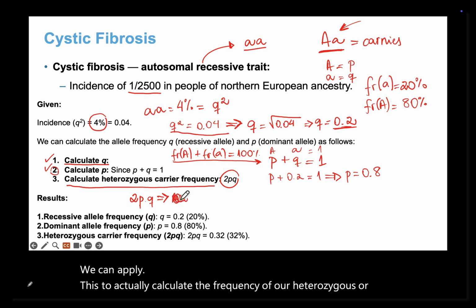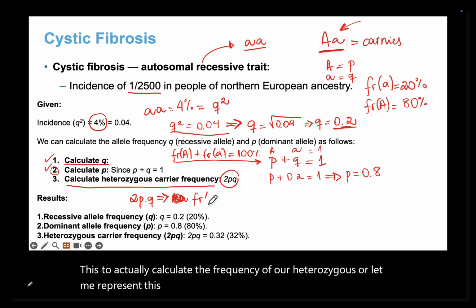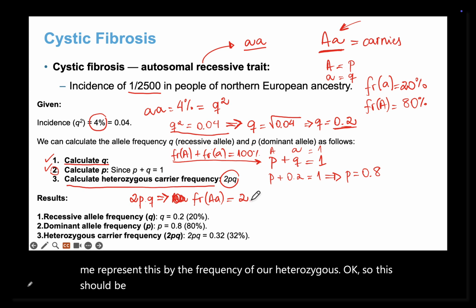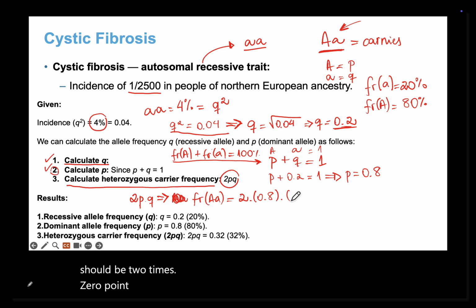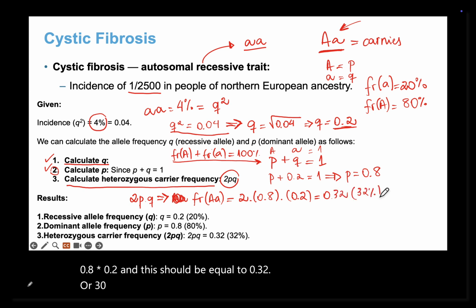Okay, so this should be 2 times 0.8 times 0.2, and this should be equal to 0.32 or 32%.